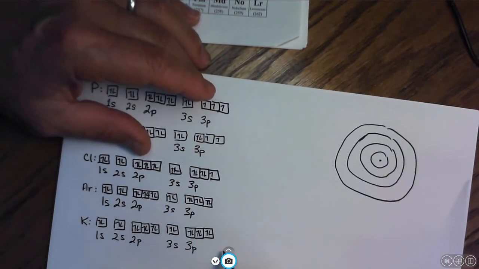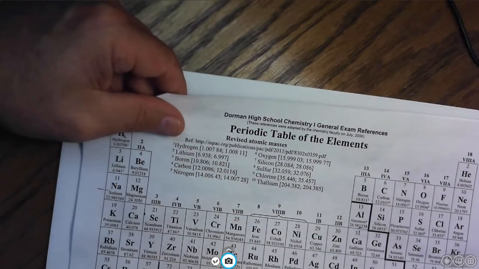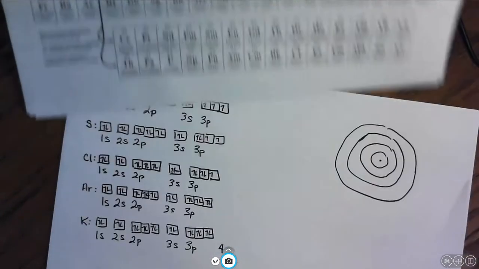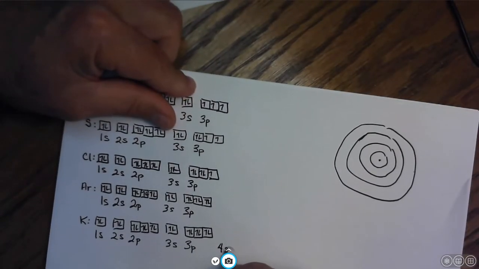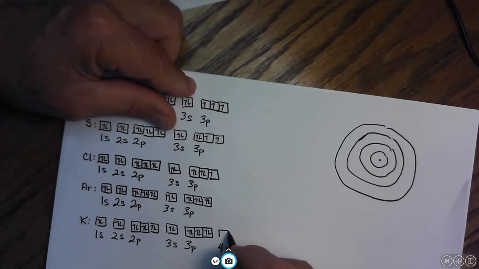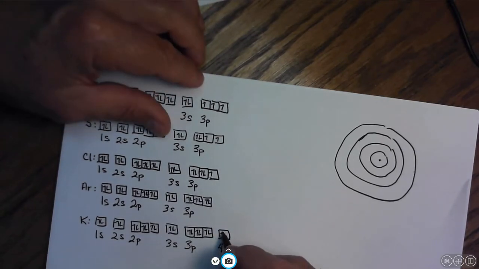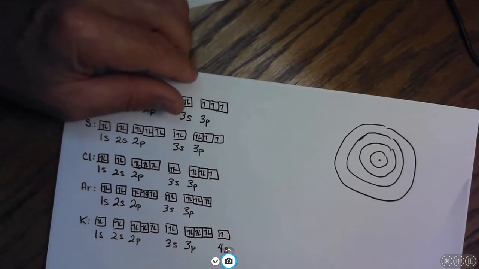And so we need to be in 4 here. And the first sublevel is always s. This is the s sublevel region, so potassium and calcium have electrons in the s sublevel. An s sublevel only has one orbital, and one electron for potassium. Calcium is going to have one more electron than that.